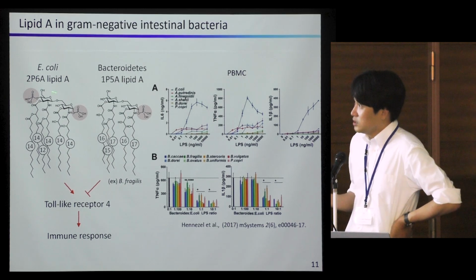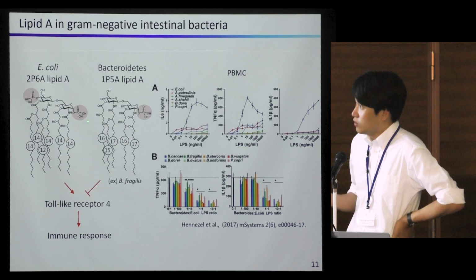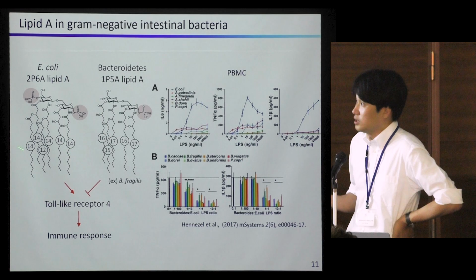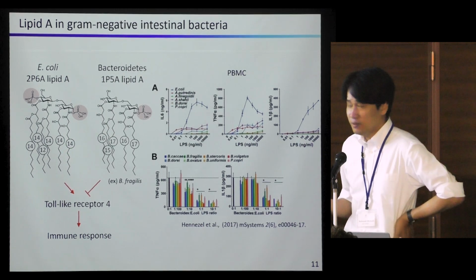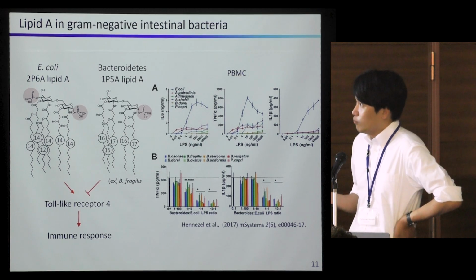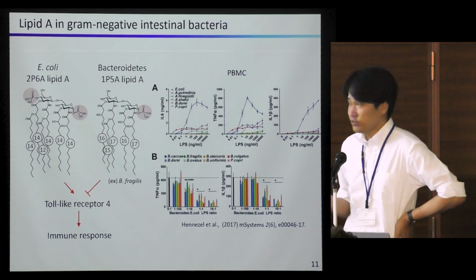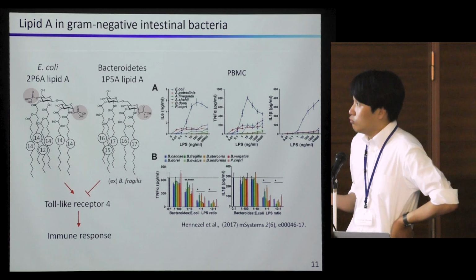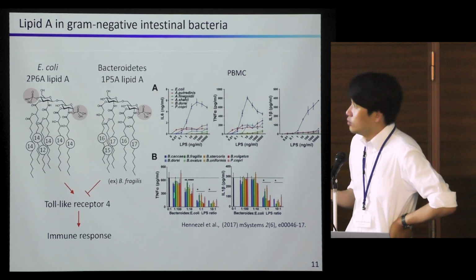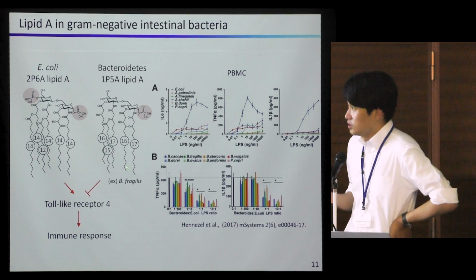This is explained by the difference in structure. E. coli has a 2-phosphate, hexa-acylated lipid A, and the chain lengths are almost 14. On the other hand, Bacteroides has a different lipid A structure, with 1 phosphate group and 5 acyl chains.